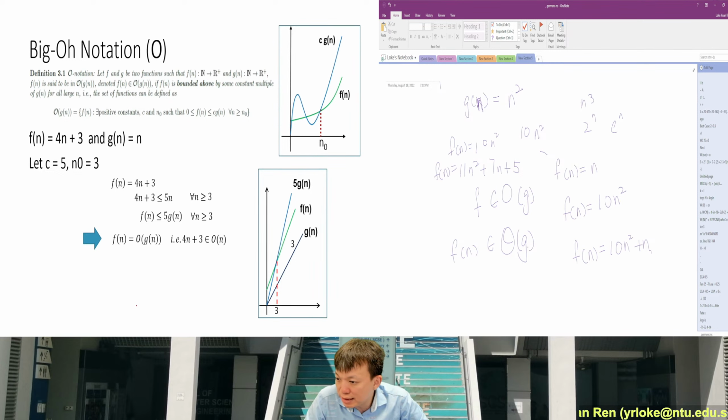Let me answer some questions. During the quiz, are we required to calculate the exact result? As I said, when we talk about time complexity, one of the important things is the order of growth. We are not talking about the exact number of operations or the compilation time.